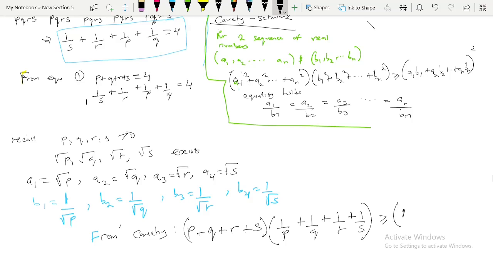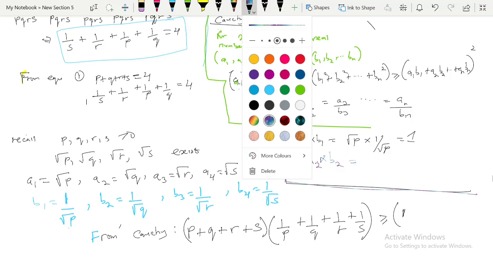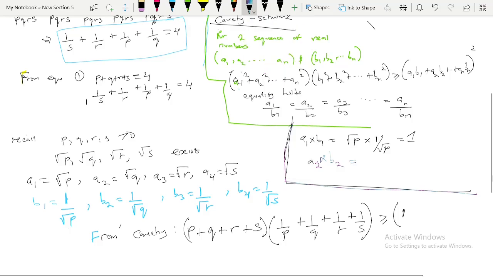A2 times B2 is root Q times 1 over root Q, which also equals 1.